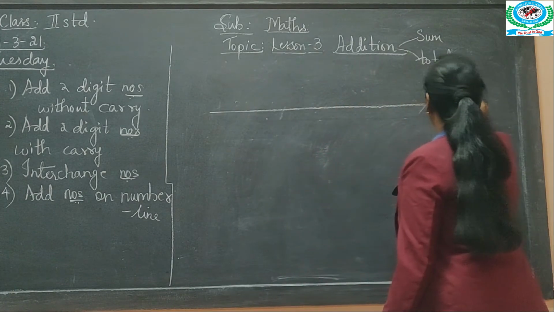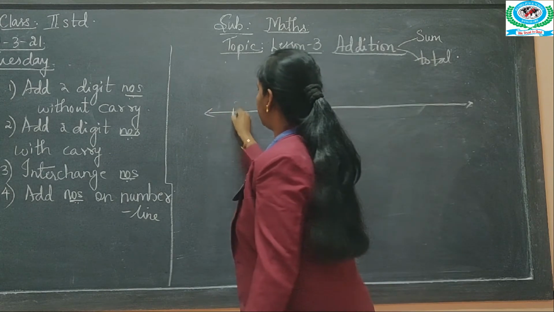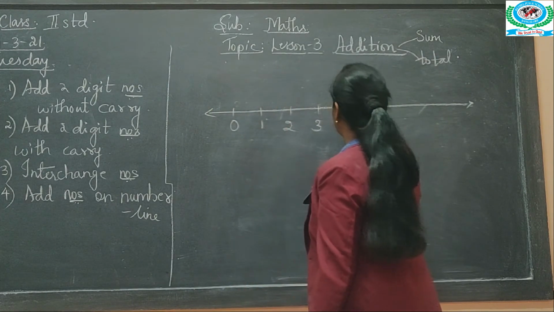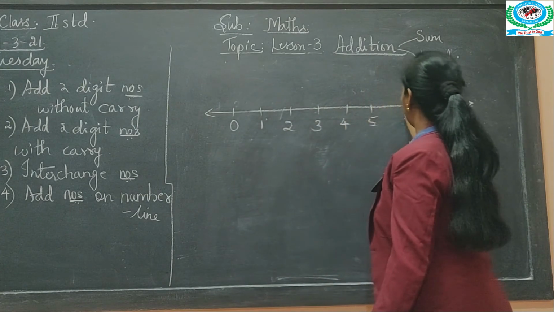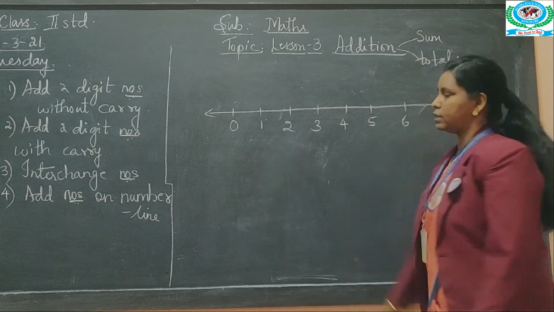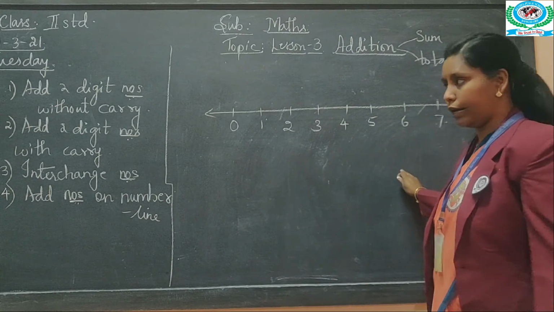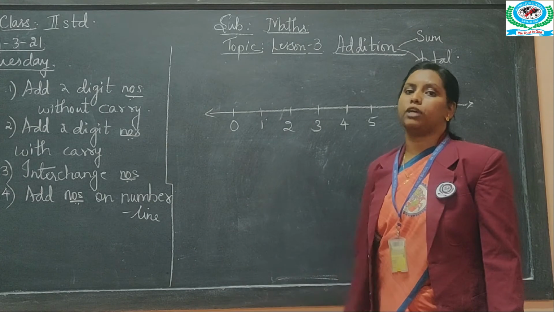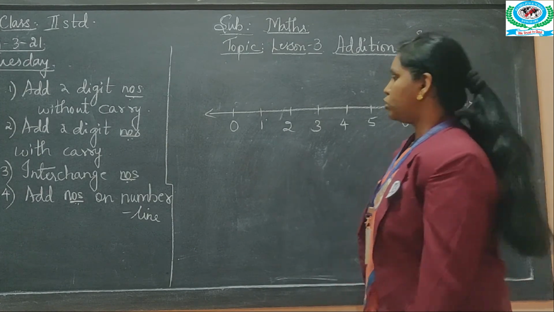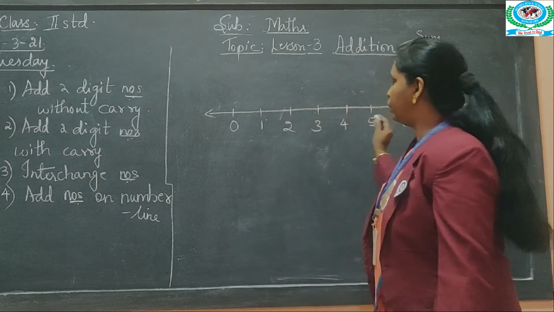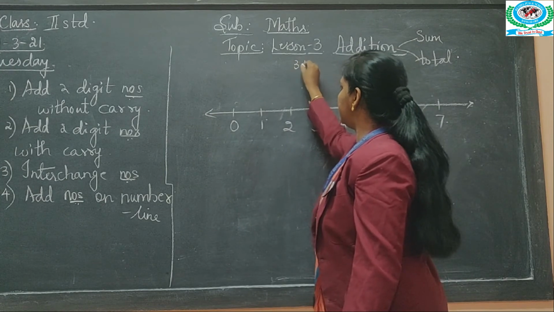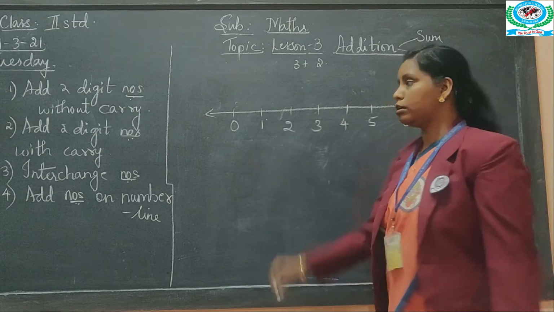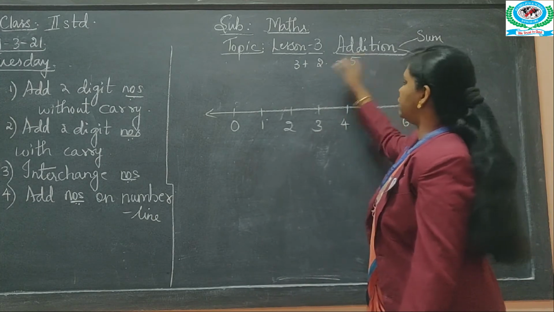Suppose I give you a number line starting from 0, 1, 2, 3, 4, 5, 6, 7. This is called a number line, where the numbers are placed equidistant from each other. Suppose I want to add 3 plus 2 on this number line. We all know that 3 plus 2 is 5. So how will we add it on the number line?